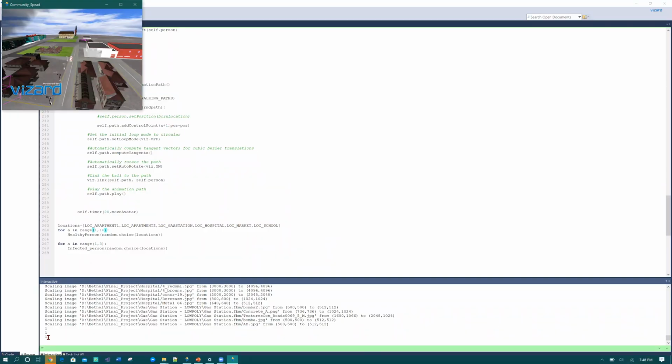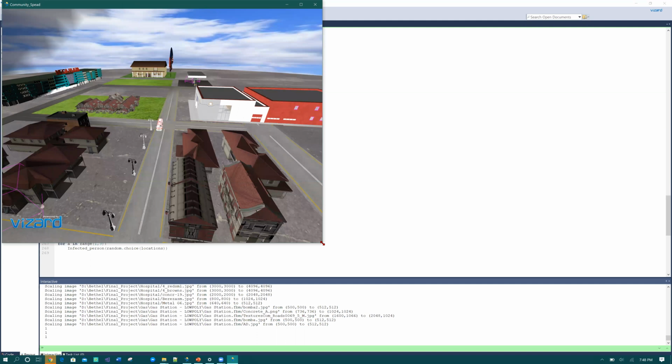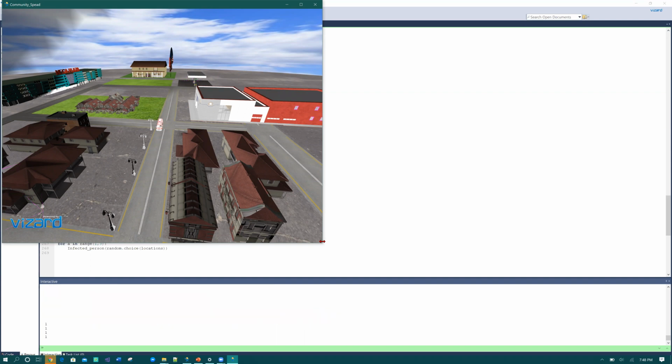Right now we have just three infected. Okay, now from three, now there are four. You see the number keeps increasing.